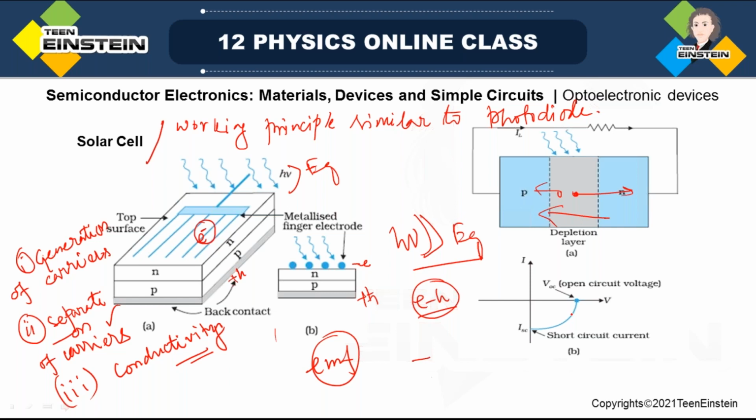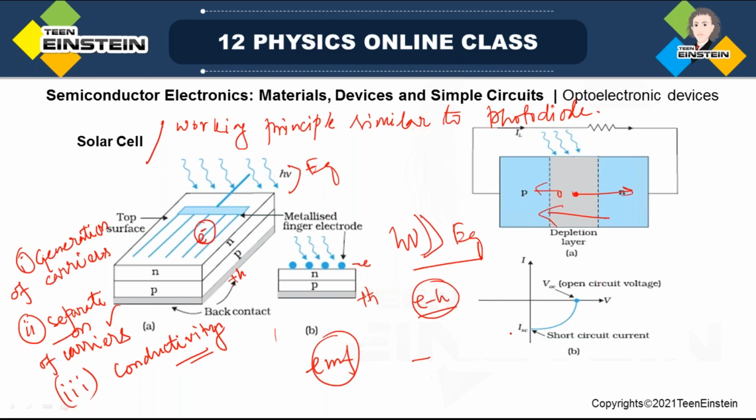Because the solar cell does not require any input, neither current nor voltage input, that's why it is drawn in the fourth quadrant. You only need to shine the solar cell with solar radiation, and that will produce the EMF, okay.